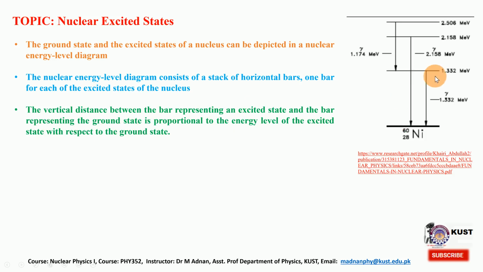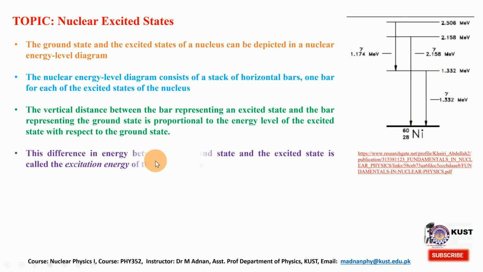For example, this one is 1.332 mega electron volt. So the photon emitted, if the transition occurs between this level and the ground state, will have energy equal to 1.332 mega electron volt. Similarly with all these numbers.